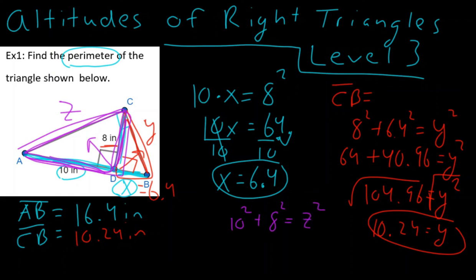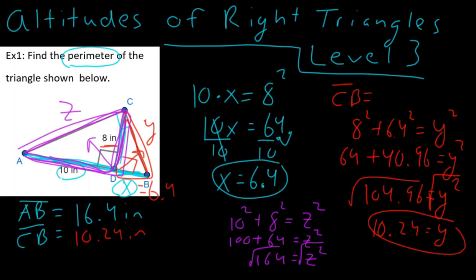Now, because I'm running out of space, let's just kind of talk it out. 10 squared is really 100 plus 8 squared, which is 64. And 100 plus 64, well, that's simply going to be 164, which is equal to Z squared. So the question you have to ask yourself is, well, how do I get rid of a square? And just like in our previous example, we want to take the square root.